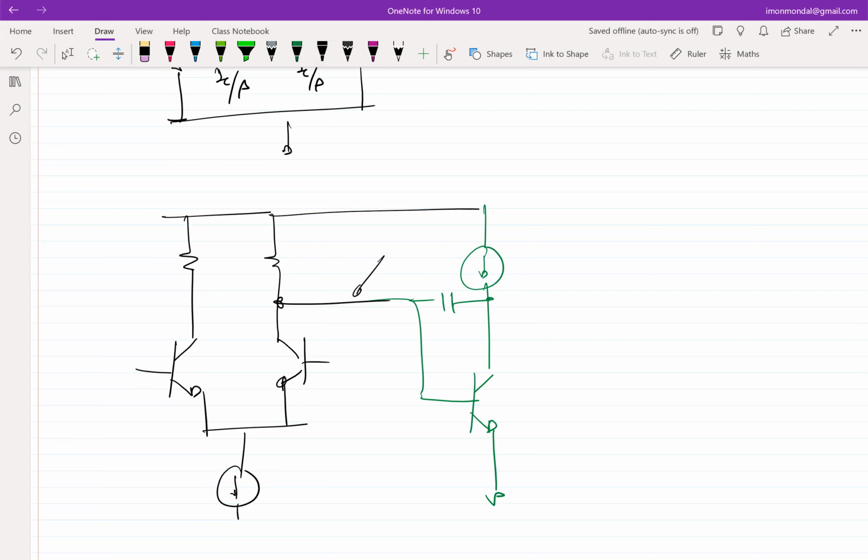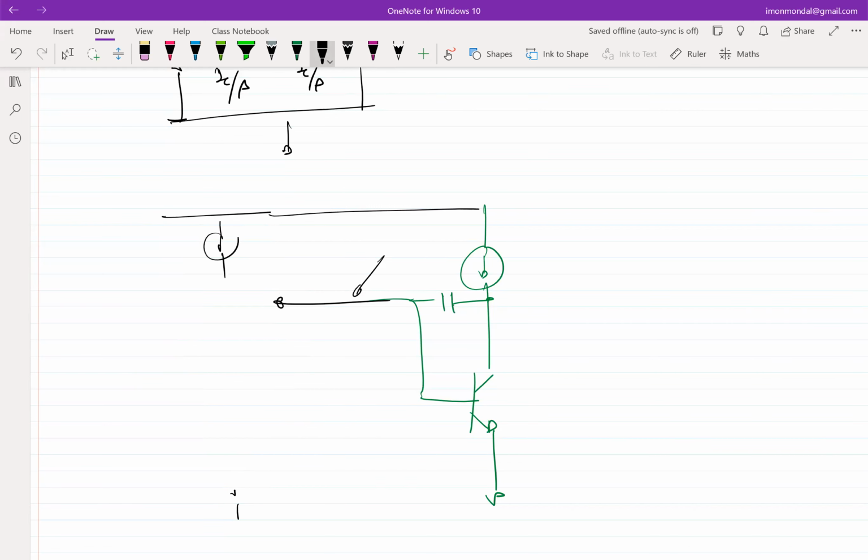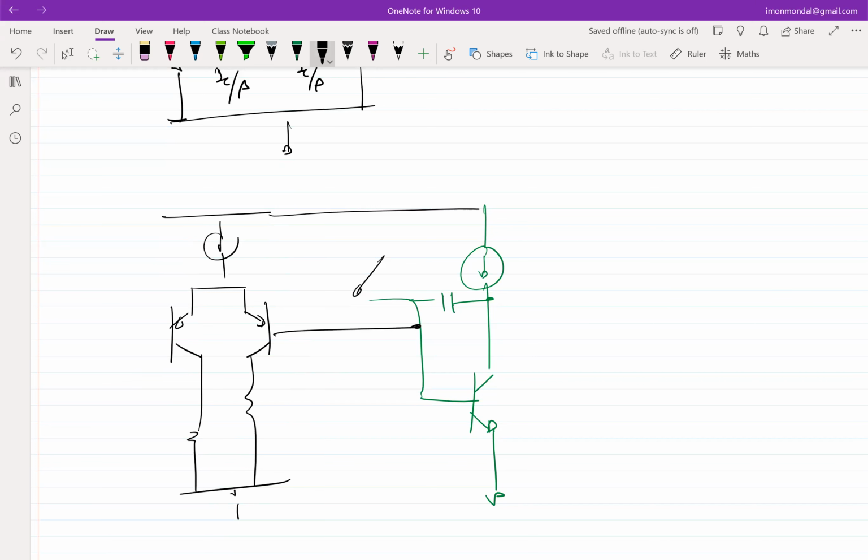But this problem can be fixed by making the input stage PNP. So basically, complementary to whatever we were doing, we made the output stage from PNP to NPN, and now we made the input stage PNP. But one will argue it is the same problem: now the input stage is PNP, you will not get enough beta.